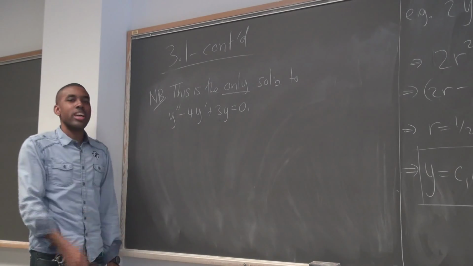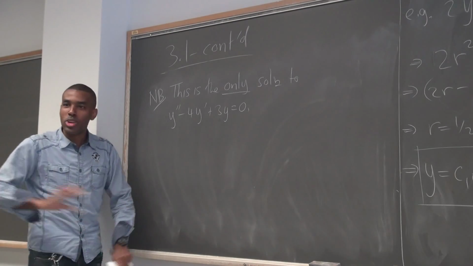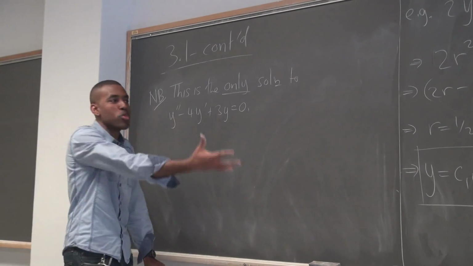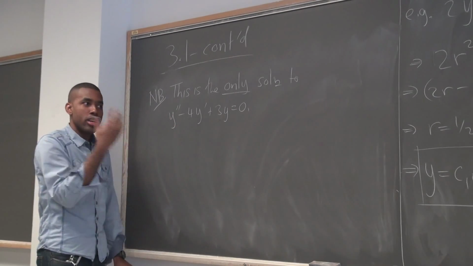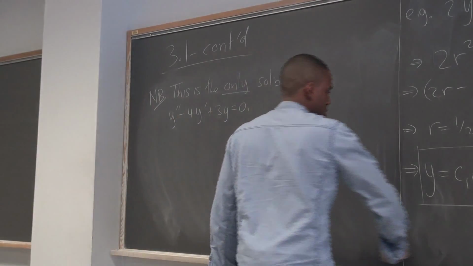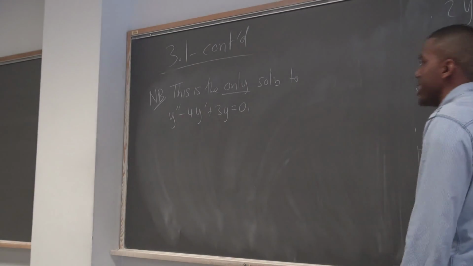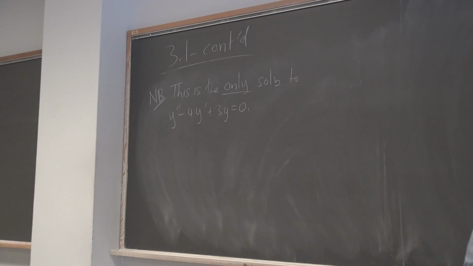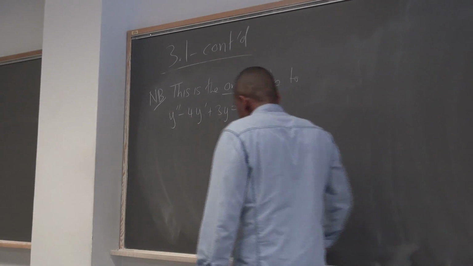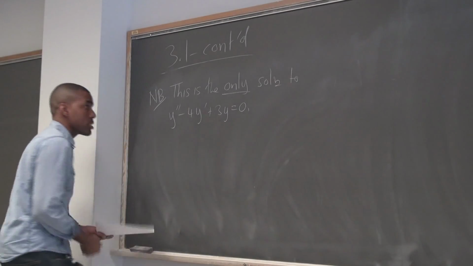I found the solution, and I know that's the one. I don't have to look for anything else. I don't have to come up with a better way to get to it. This was pretty easy, and it gets me here. It's good enough. There is no other way to write a solution to that differential equation. Anything else I write will be equivalent to this.